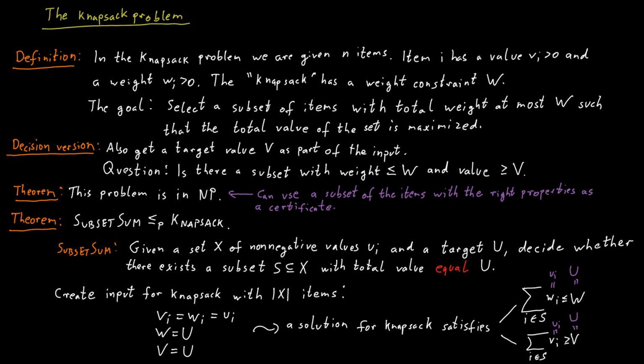So really, we have an inequality in both directions, which means the only way to satisfy this is to have equality. So in this case, we're really asking, is there a subset such that we exactly reach value or weight capital U? And that's exactly the same condition we have in the question for the subset sum problem. So this is a valid reduction.